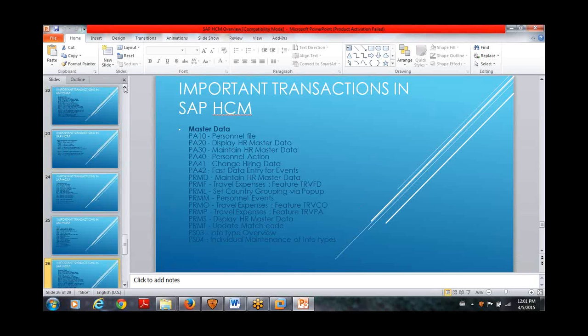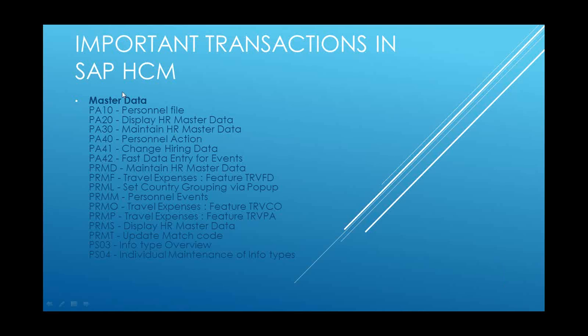So you're talking about those transaction codes, right? We have all the transaction codes here. Make it full screen. Important transactions for employee data maintenance are PA10, PA20, 30, 40, then PA41, 42, all that is important.